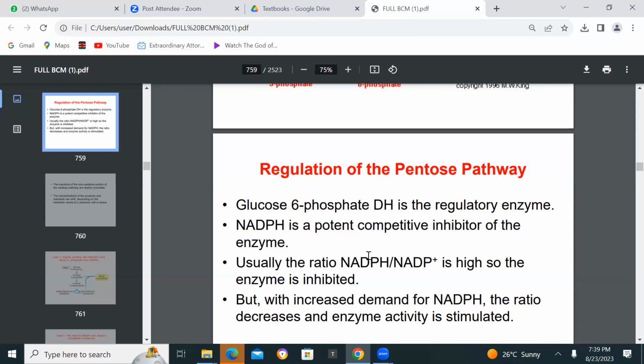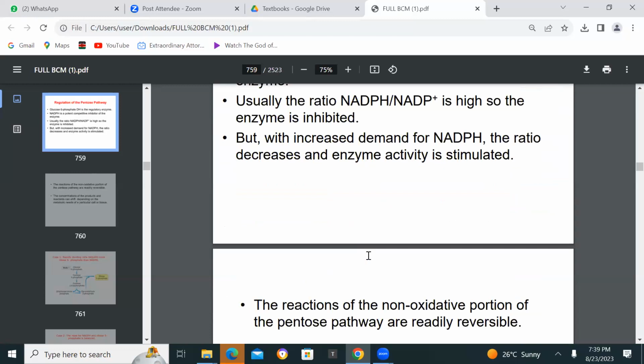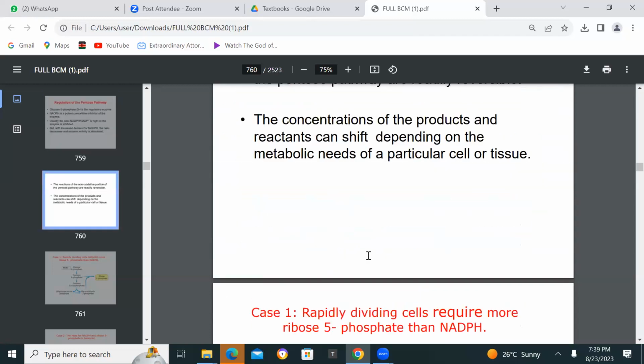If there is more NADPH and less NADP, that ratio becomes big, like you're dividing a big number by a small number. Then that would inhibit the whole pathway. And if the ratio is low, then it proceeds faster, like it's stimulated.